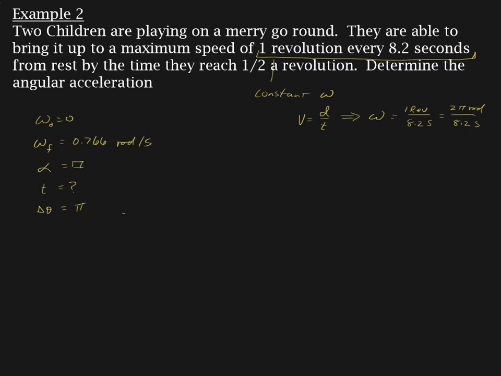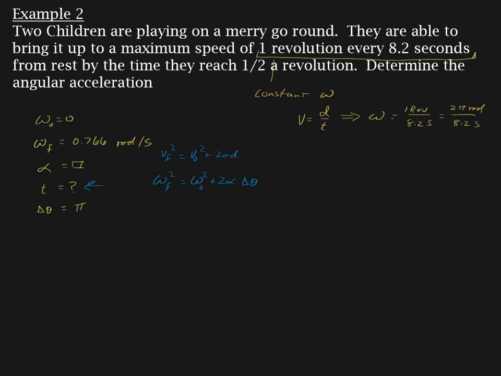All right, well, don't forget that if we don't know time, then it would make the most sense to start with the equation which does not include time, or omega final squared is equal to omega initial squared plus 2 alpha delta theta. Now this was the rotational equivalent of v final squared is equal to v initial squared plus 2ad.